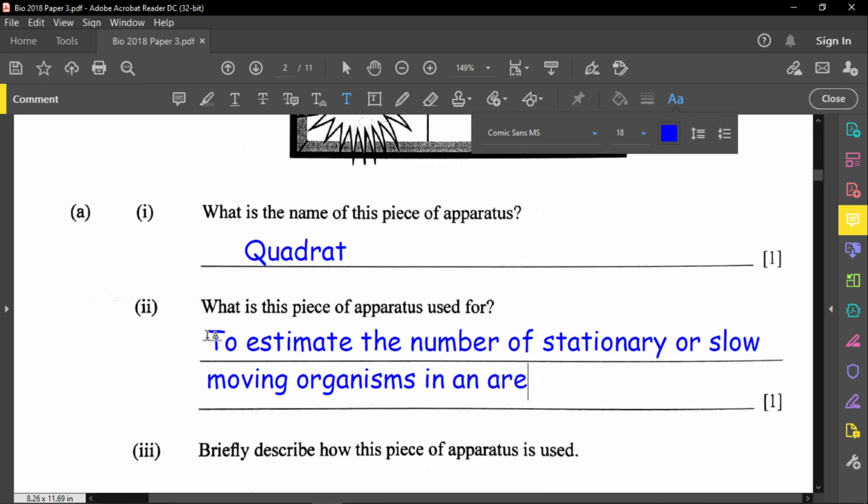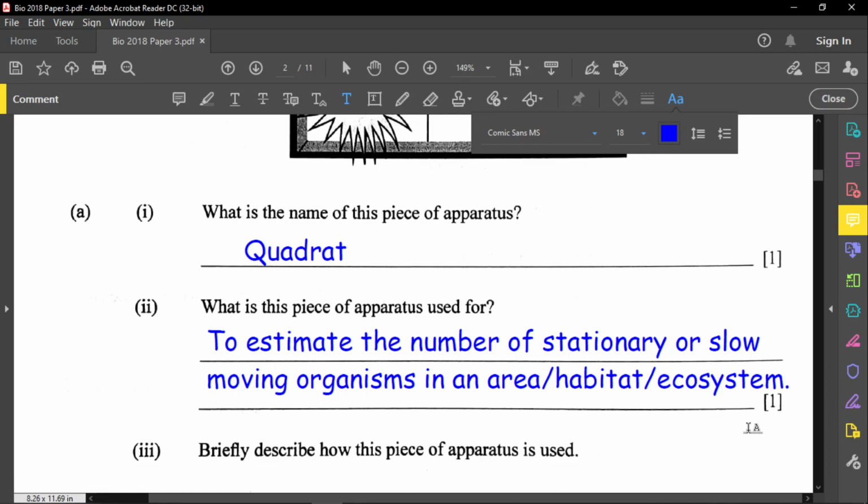In an area, habitat or ecosystem, whichever one you want to put. The bottom line is you can only use it to measure the organisms that are stationary, generally plants and so on, and also organisms that are slow moving.